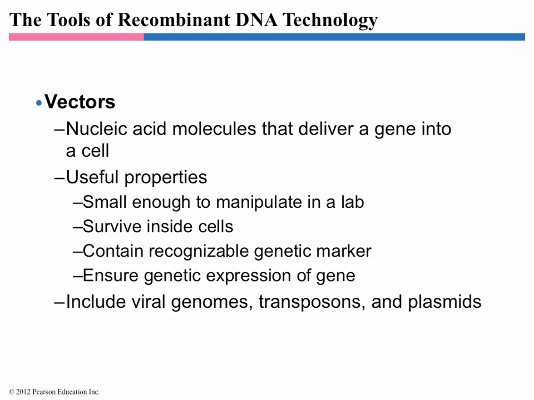So viral genomes can be vectors. They're often going to be called, I think, VACs, like viral artificial chromosomes, or phagemids sometimes. Transposons can be vectors, and plasmids. Usually it's plasmids. 9 out of 10 times it's plasmids.